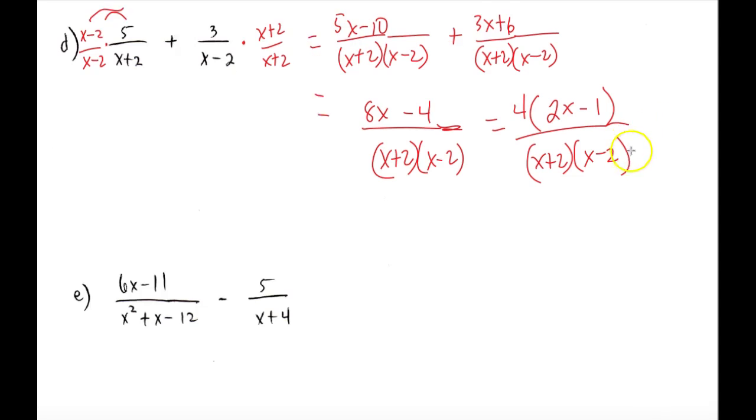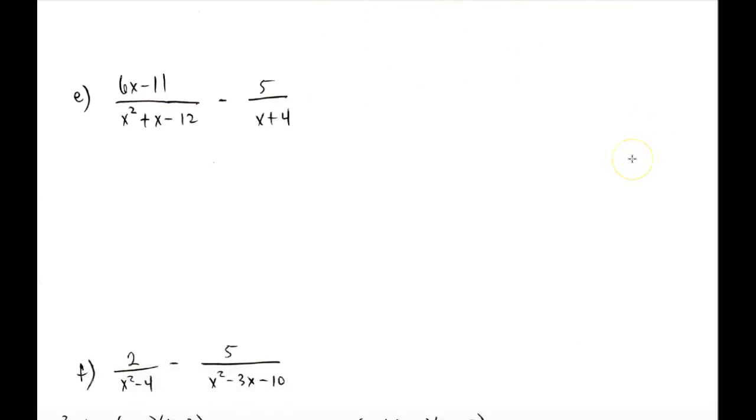All right, for our next example, you'll see here that the first thing that we need to do is figure out what x squared plus x minus 12 is. And if we factor that out, we see that we have x and x here, one has to be plus, one has to be minus, and the factors of 12 that have a difference of 1 would be 4 and 3.